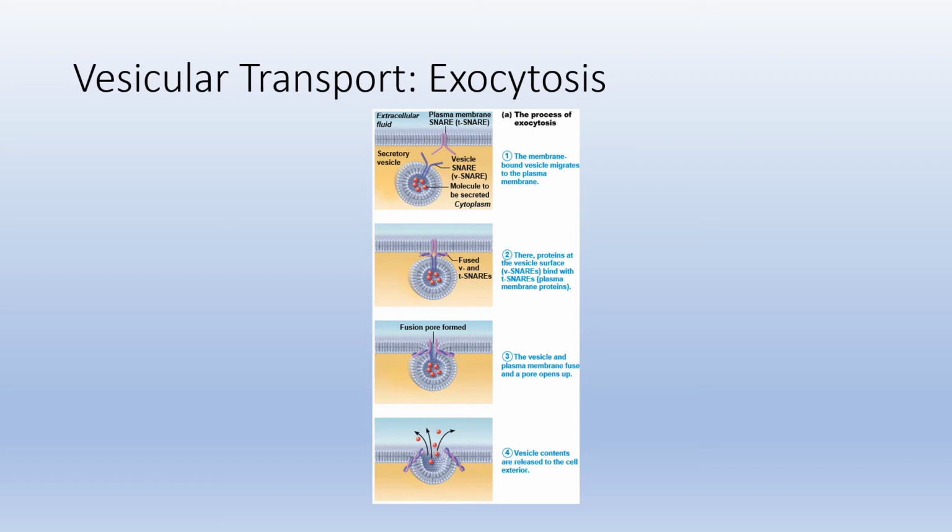Usually, these secretory vesicles will contain a secretion like hormones or neurotransmitters, which are simply chemical messengers. That secretory vesicle will move about inside of the cell until it fuses or binds to the plasma membrane. It will open and it will release its contents to the exterior.